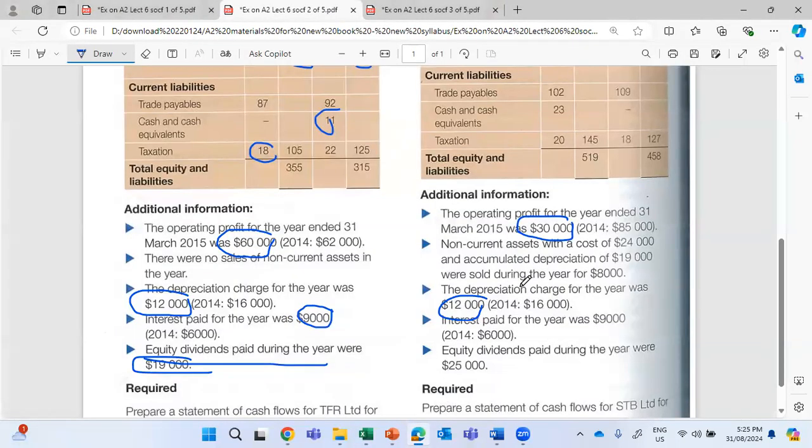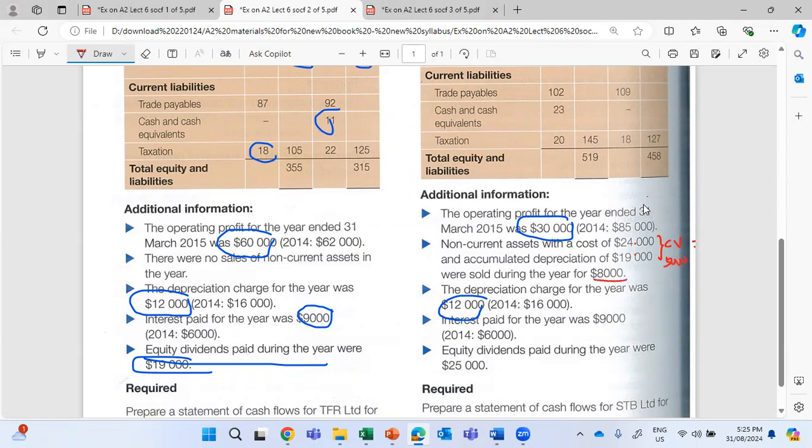How do I get 3,000? It's coming from here, you see? Non-current assets with a cost of 24,000 and accumulated depreciation of 19,000. So the net book value or the carrying value is 5,000. Just write this down. The carrying value is 24 minus 19, which is 5,000.